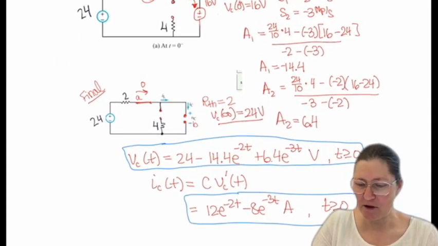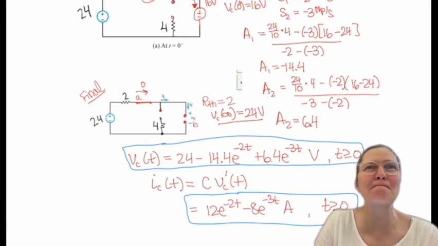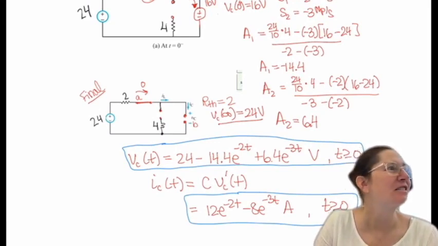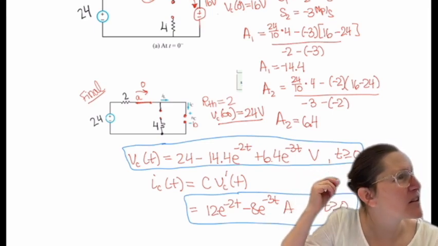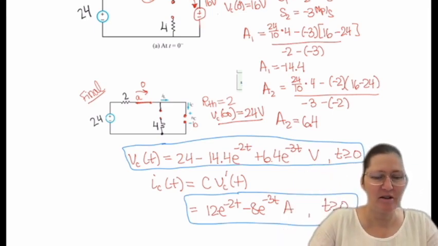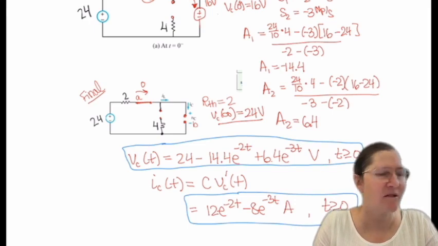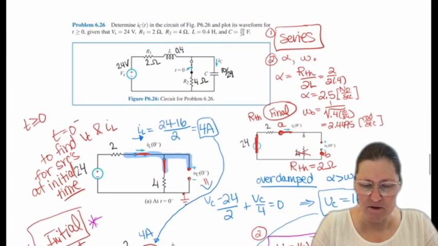Okay. Other questions, comments? Yes? I'm having trouble conceptualizing the initial one being open. There's two battery sources. Like how the current is flowing through the 16 battery source, I guess.